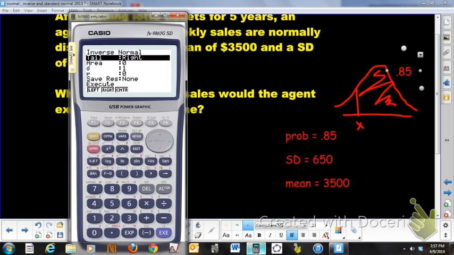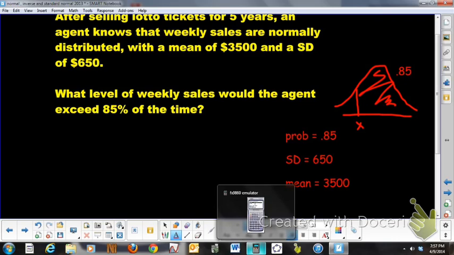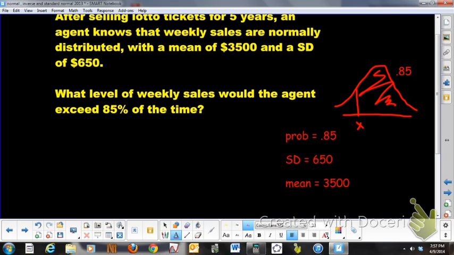So if we take a look at this, in our picture, we have where our x is, and 85% is to the right. So what level of weekly sales would the agent exceed 85% of the time? So we've got to find this value here. And the area that they've actually given us is the area to the right of that boundary.